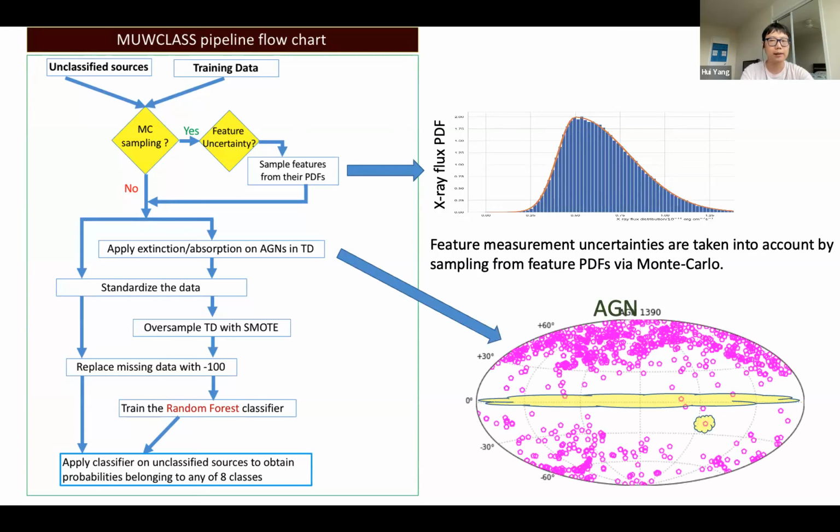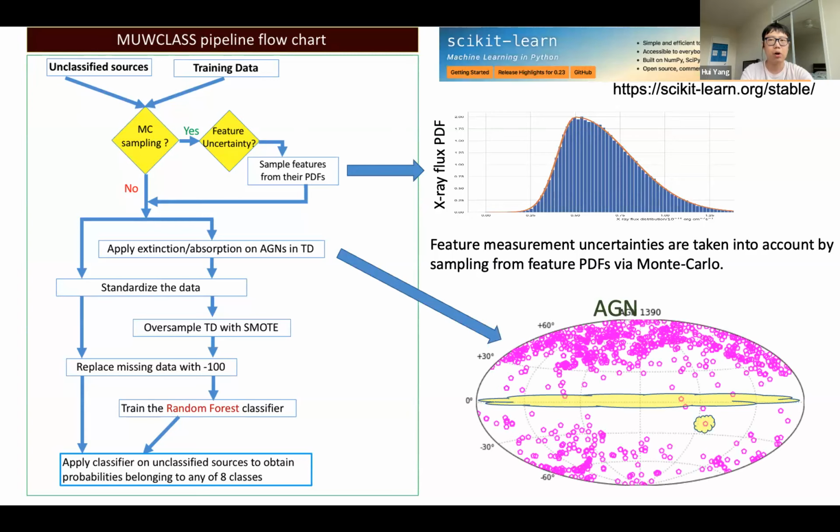The whole pipeline is written in Python, where most of the machine learning algorithms are already available in the community. All the classification results are available online in table format. We have also made a demo code where users can try to classify a small area of the sky that they are interested in, with more details.